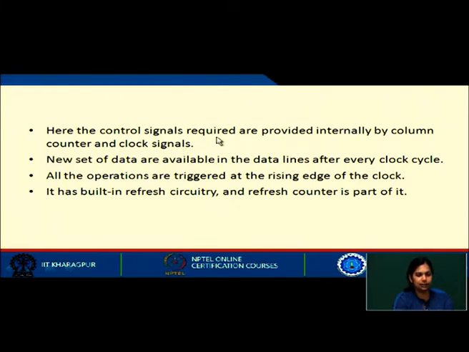New sets of data are available in the data lines after every clock cycle. So, one clock cycle will be required to get the next set of data. All the operations are triggered at the rising edge of the clock.